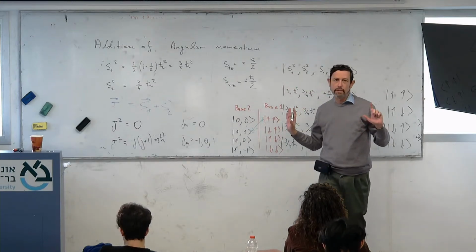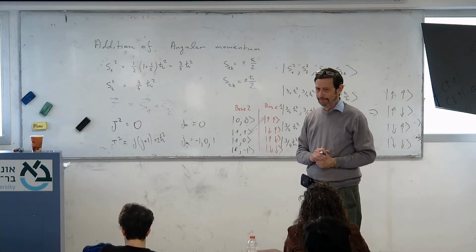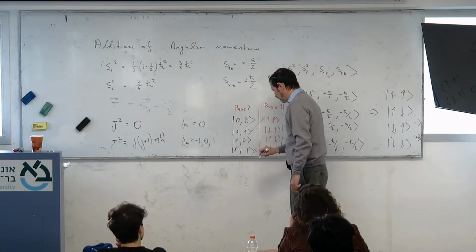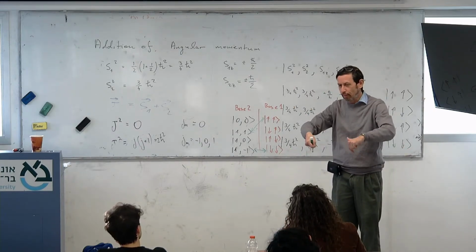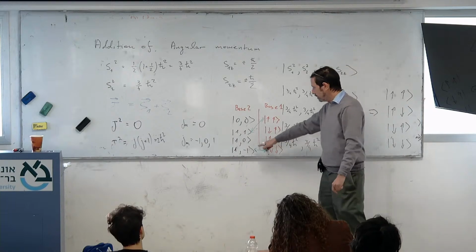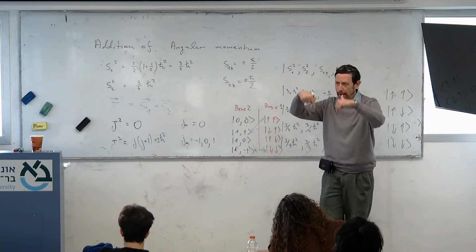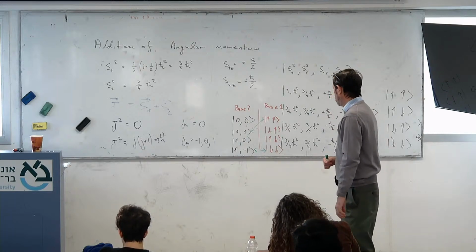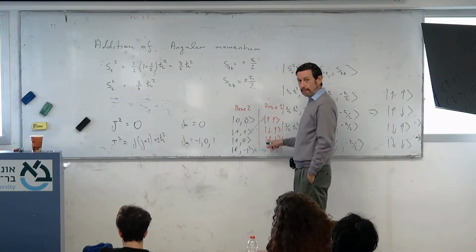This state and this state are the same. For the same reason, if I have two components in the Z direction that are minus h bar over 2, the complete one has to be minus h bar, and this is the only basis state that has minus h bar as what you measure in the Z direction. Here, I have in the Z direction 0.